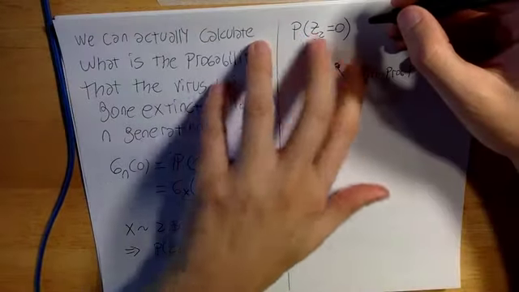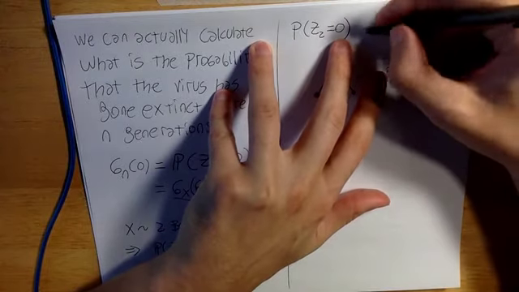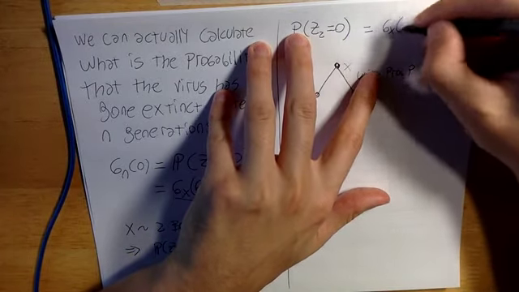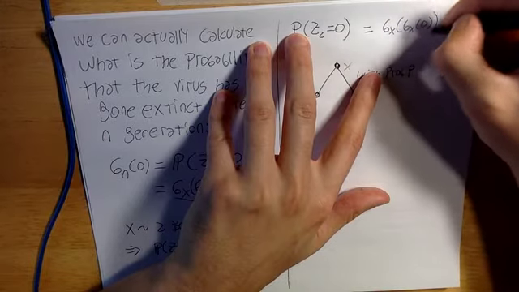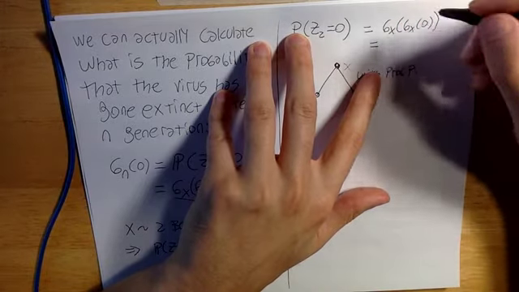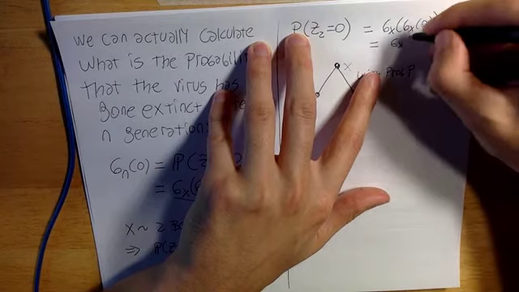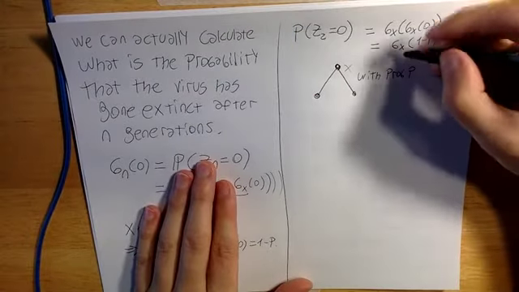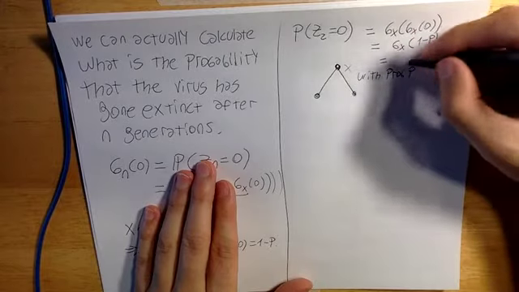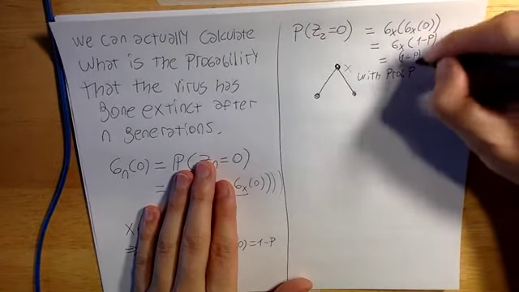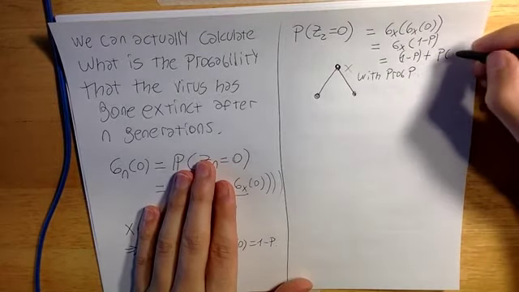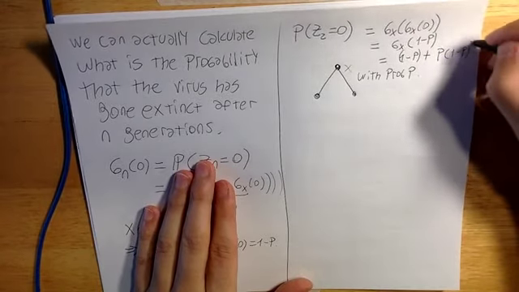Okay, so the probability that Z2 equals 0 is equal to Gx of Gx of 0, which in this case, Gx of 0 is 1 minus p. But Gx, what we had seen, is 1 minus p plus p times 1 minus p squared.